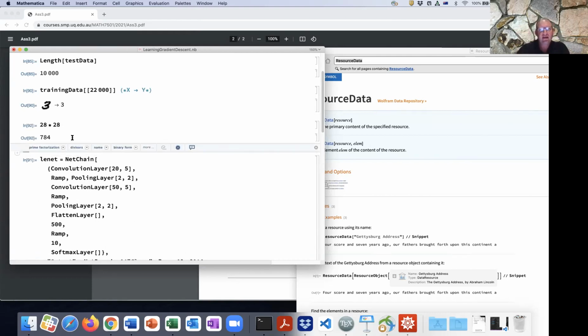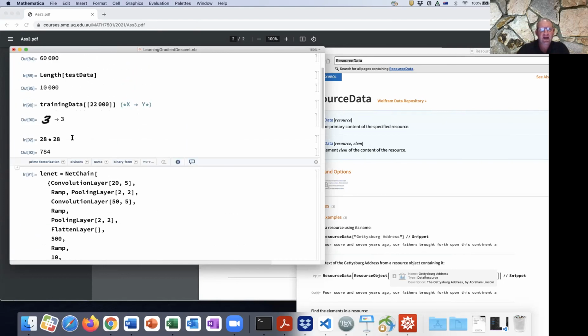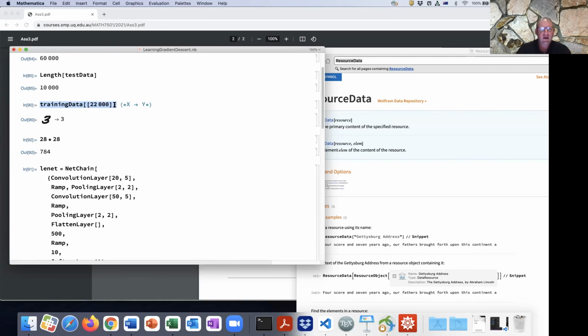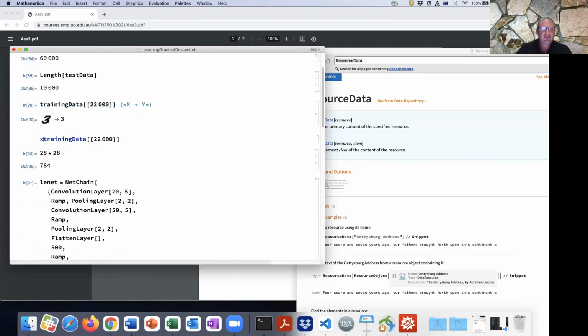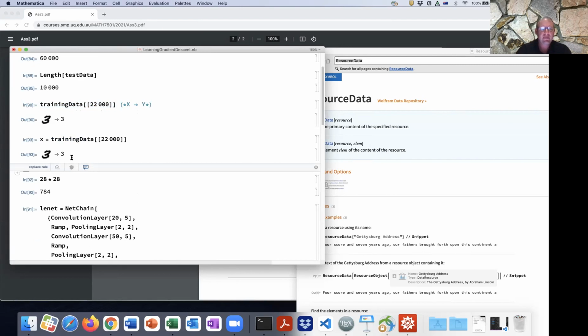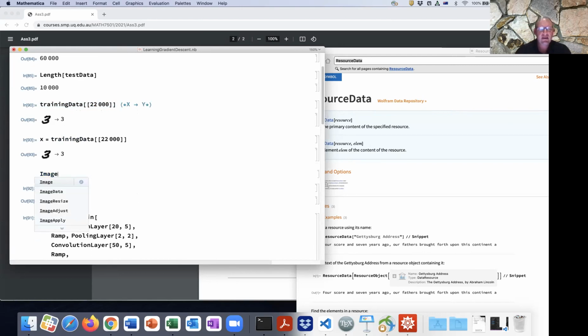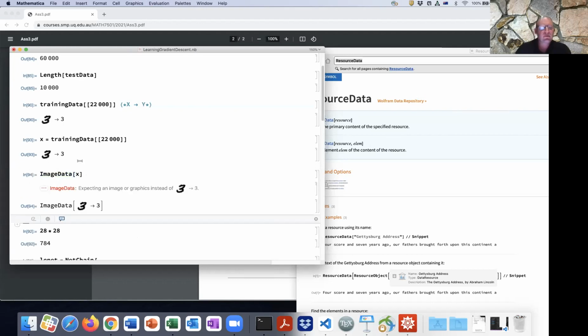So each pixel has a specific intensity. Let's actually look at that for a second. Let's call this X, just this training data sample. And if we do image data of X, oh no, this thing has two parts.